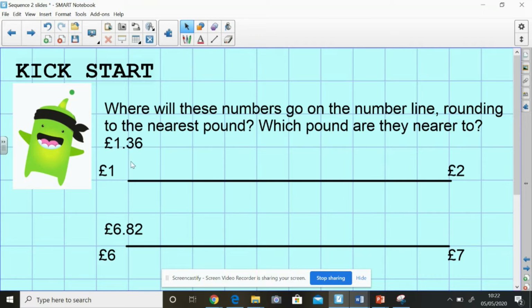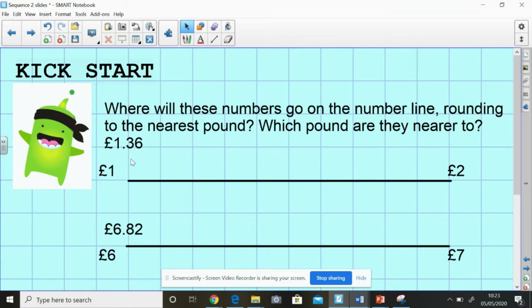We already know that £1 and 36 pence comes in between £1 and £2, and on our number line it goes up in jumps of 10. So 10, 20, 30, 40, 50, 60, 70, 80, 90, 100. And we know that there are 100 pennies in a pound. So we go up in jumps of 10. That might be the first thing you have to work out if you're given a number line. What do the jumps go up in?